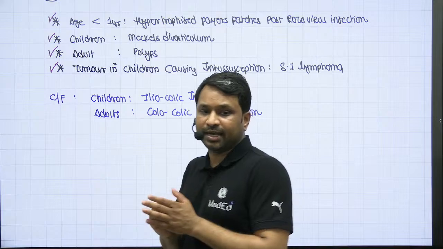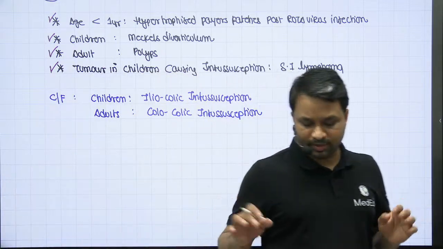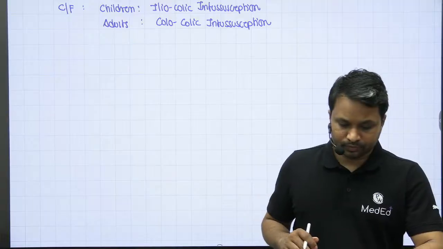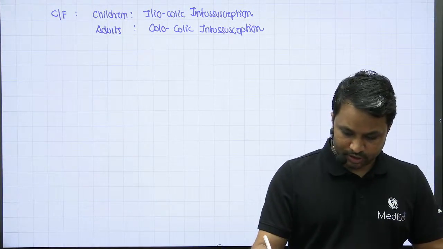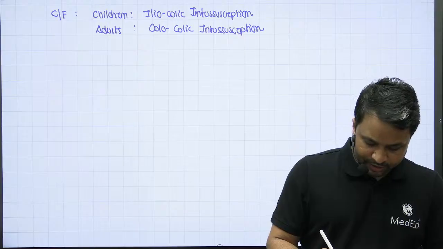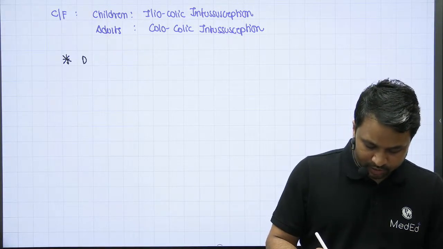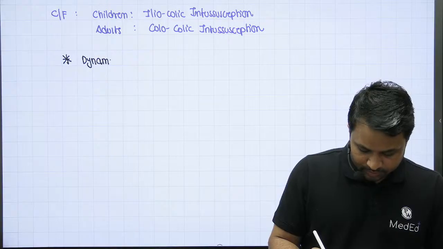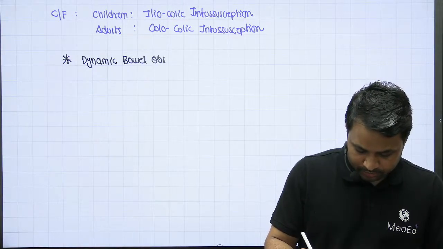In children it is ileocolic, and in adults it is colocolic intussusception. As simple as that. Now, let's talk about the clinical features that you will see. Any intussusception is going to present to you as dynamic bowel obstruction.